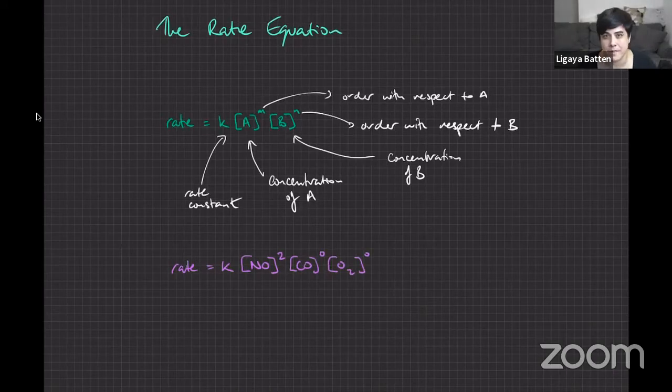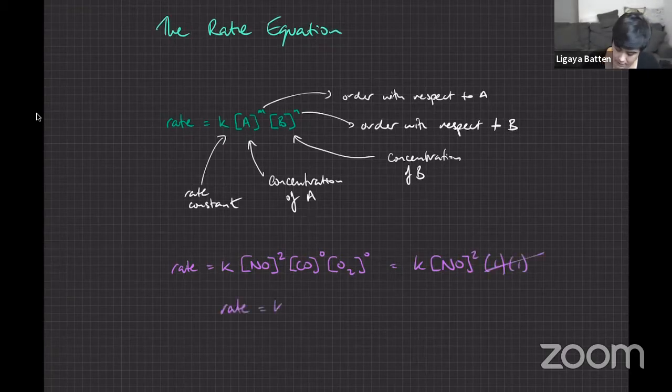Now you may remember that anything to the power 0 means 1, which means this is K[NO]^2 times 1 times 1, which basically means we can ignore that. So rate equals K[NO]^2, and that is our rate equation. Because the other 2 reactants were order 0, they are not part of the rate equation.